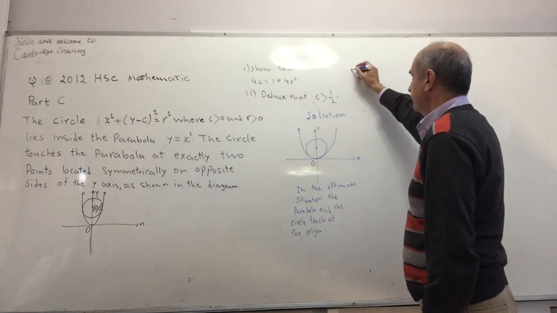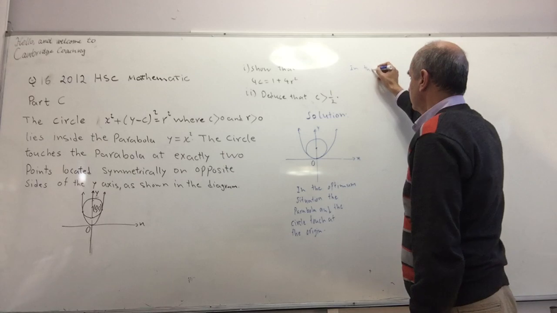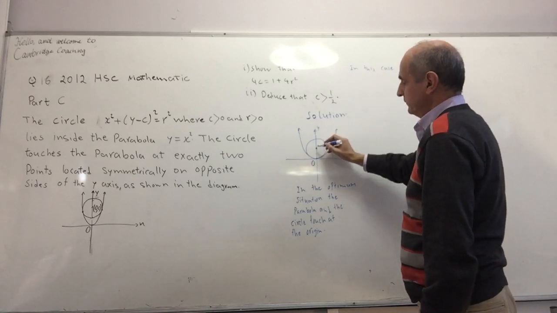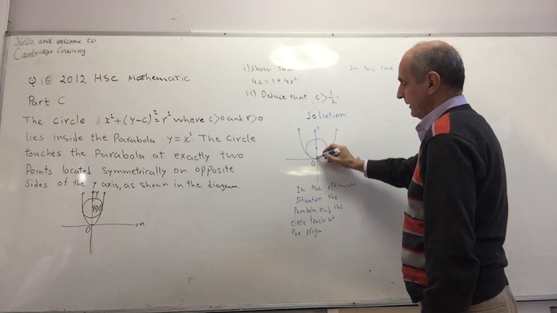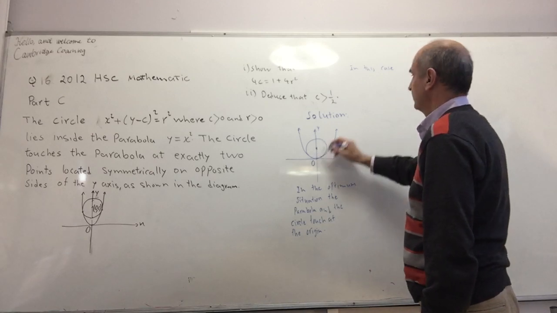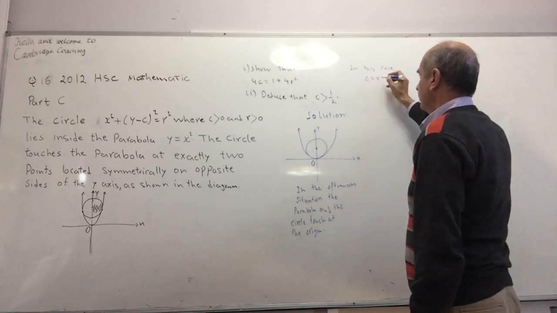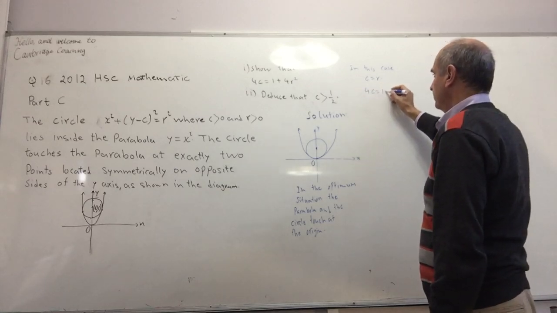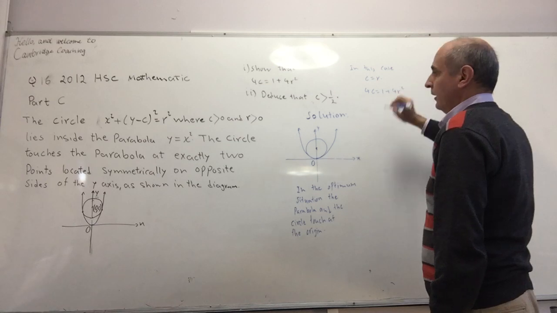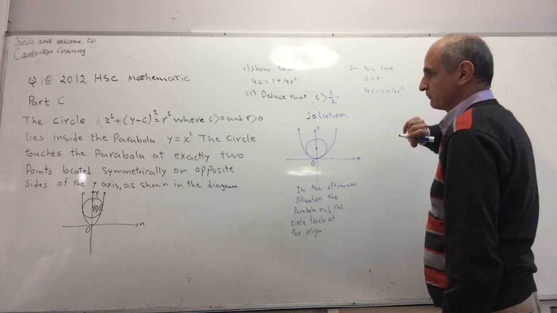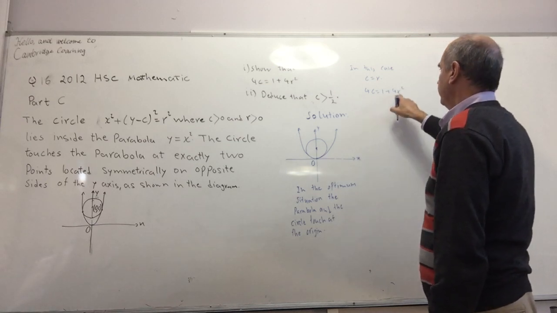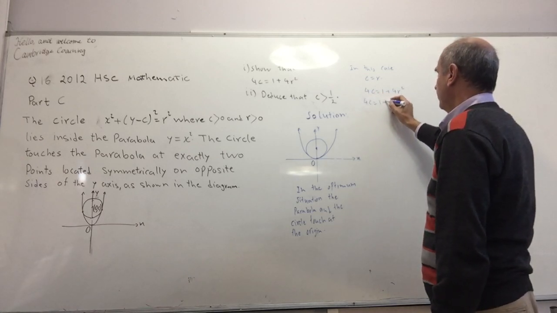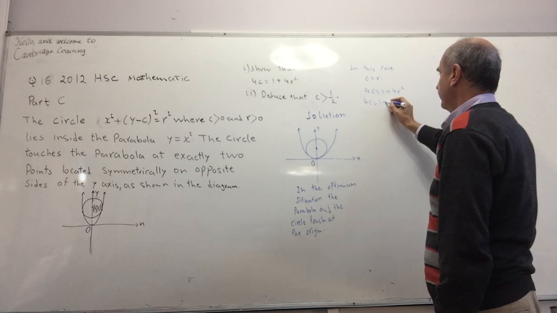In this case, c, which is the center, is the same as the radius. c is equal to r. So from the previous part, we had 4c equals 1 plus 4r squared. And in place of r, I'm going to put c. So 4c equals 1 plus 4c squared.